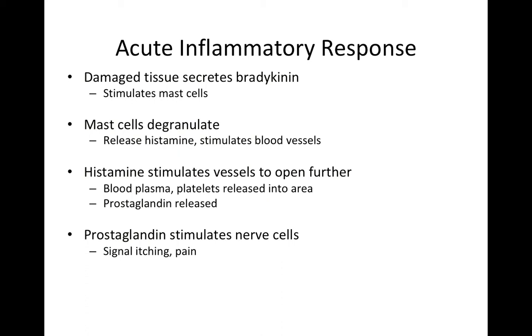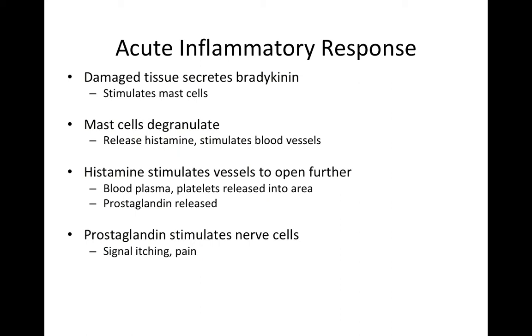And as the blood vessels vasodilate, we're going to have some increased amount of plasma leaving the capillaries to enter the interstitial fluid. We'll also have platelets being released into the interstitial fluid as well, and prostaglandin. Now, prostaglandin is a molecule that can stimulate itching and pain.